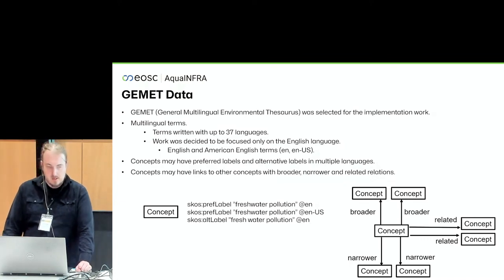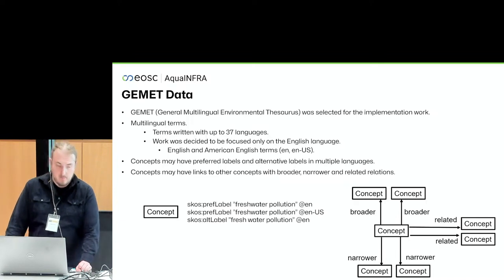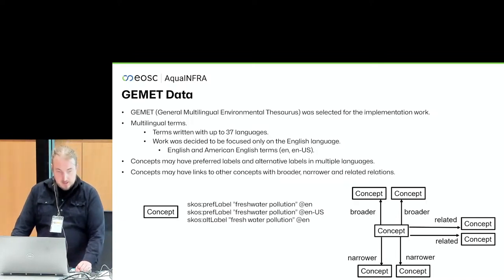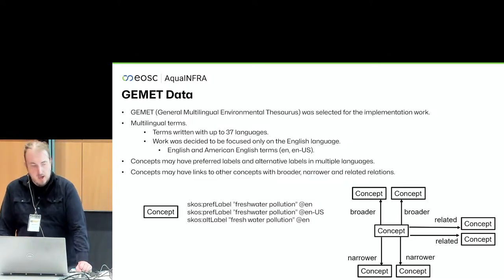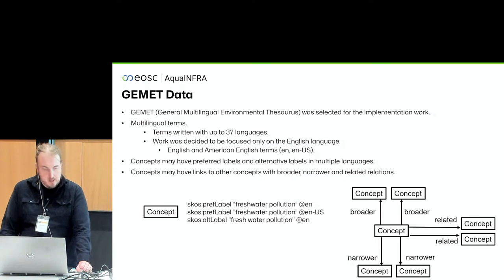The English terms in GEMET can be written in either English or American English spelling. Here is an example of a concept. The GEMET data consists of concepts, and they may have preferred labels or alternative labels written in multiple languages. In the example there is a SKOS prefLabel with the language tag at the end, and also an alternative label written with a slightly different spelling.